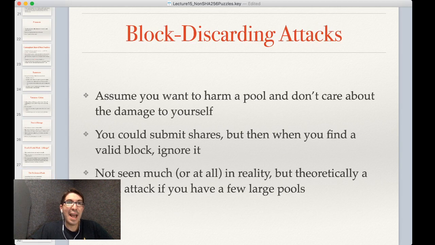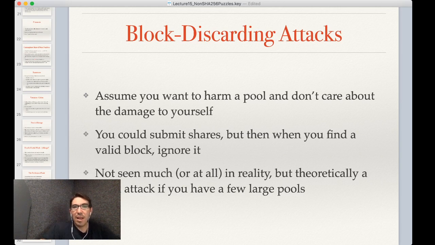And there are some attacks that are possible with pools. If you want to harm a pool, but you don't care about the damage to yourself, you could always submit shares, so you'll get some value out of it, but when you find a valid block, you ignore it. So you don't submit it.